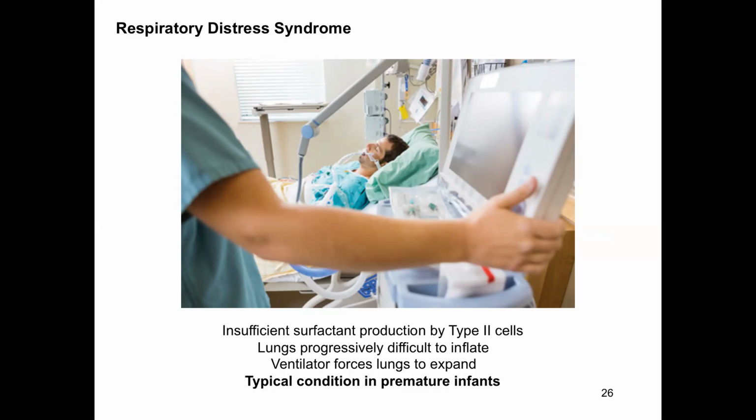So the ventilator is going to force the lungs to expand. This is very common in preemies because they haven't developed yet to the point where their type 2 cells are active and producing surfactant, which is why preemies very often are on the ventilator.